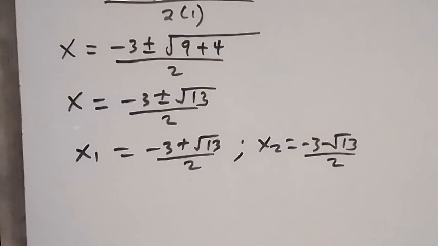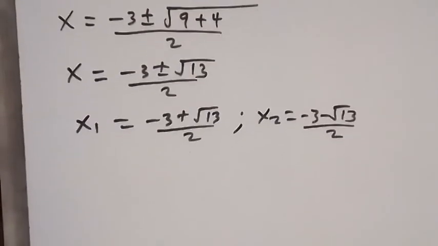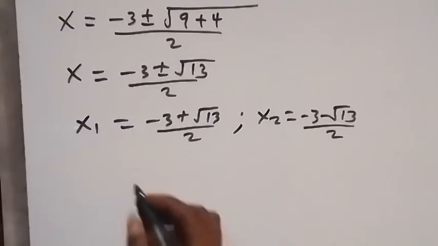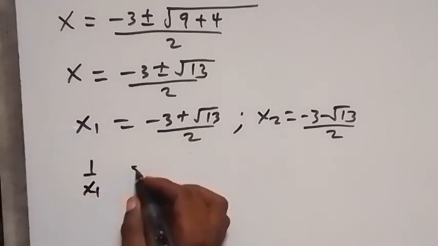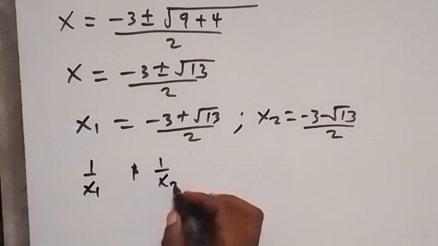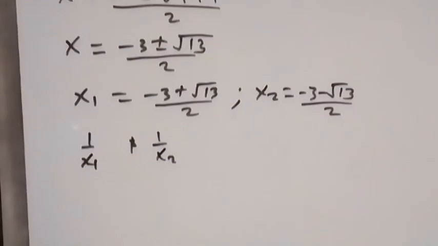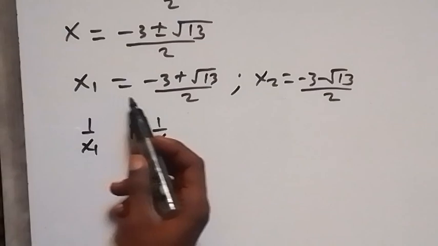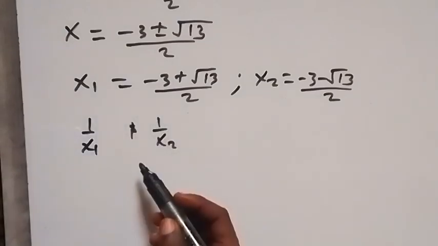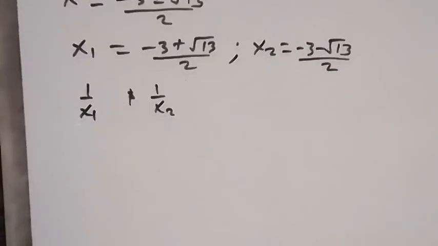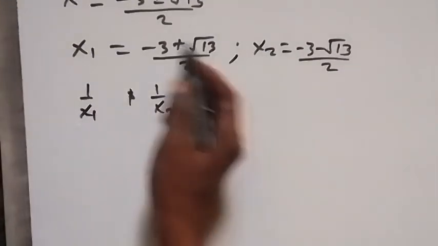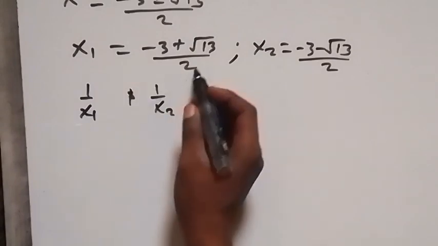Then we are interested in finding another quadratic equation in which the roots will be 1 over x1 and also 1 over x2. So these two roots are the reciprocals of the first roots. That means the first root is the reciprocal of the first root here.